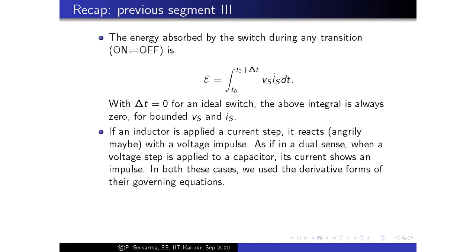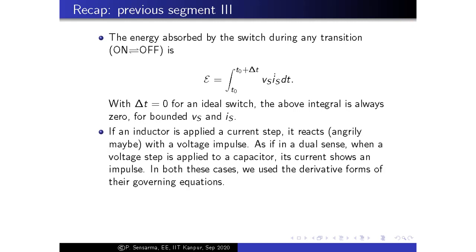Now if delta t is 0 and both Vs and Is are bounded, then this integral is uniquely 0. Okay, so that's the fundamental theorem. That's where the switch gets its lossless property from. It is lossless in its on state, lossless in its off state, and lossless during transitions.